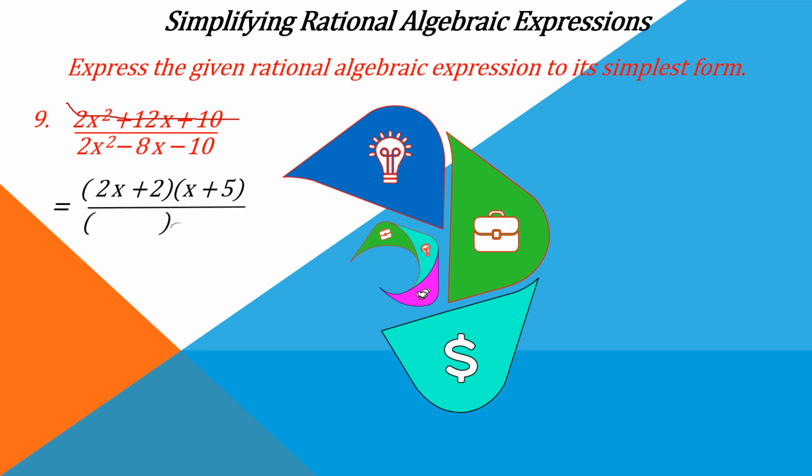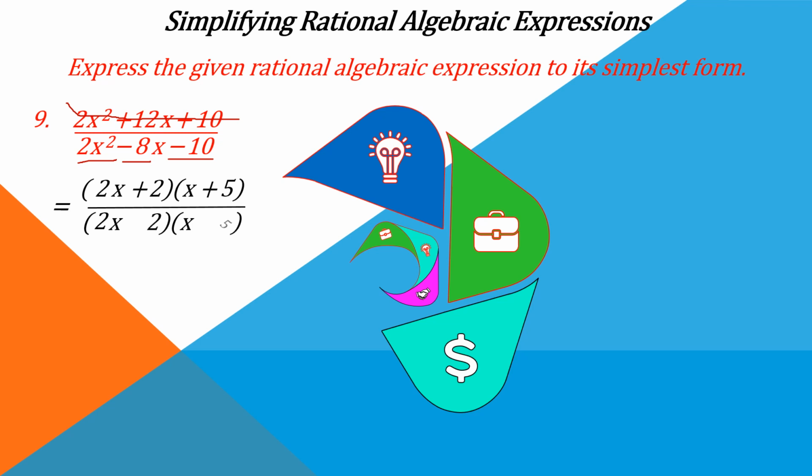Divided by the factors of 2x squared minus 8x minus 10. The factor of 2x squared is 2x multiplied by x, and the factor of negative 10 is 5 and 2 also, but with different signs, so that the middle term 8x will become the result of the factors of negative 10.